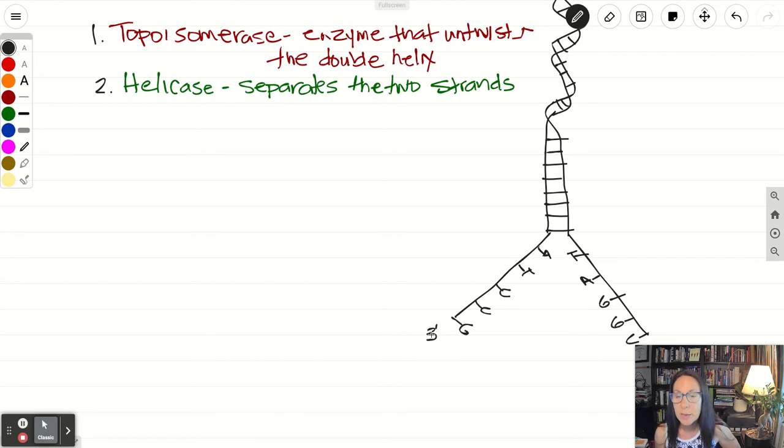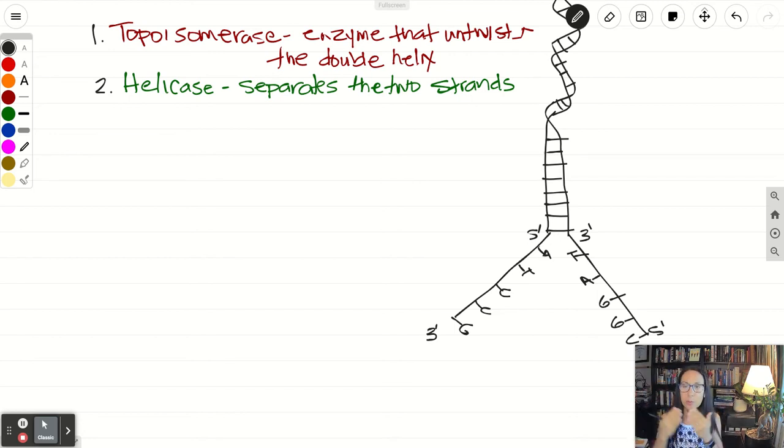So this side I'm going to assign 3', and that would mean this side is going to be 5'. And the other side is going to be in the opposite orientation, so this side is 3' and this side 5', because they're running opposite directions. So helicase is the enzyme that's unzipping the DNA and splitting up the base pairs.